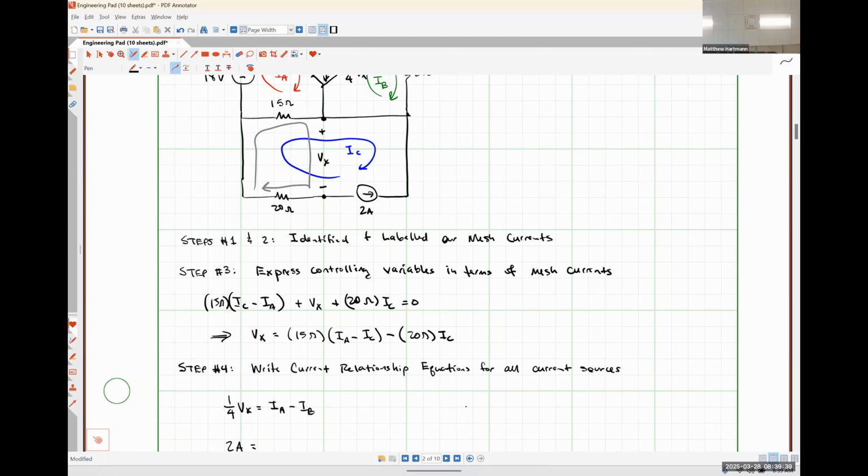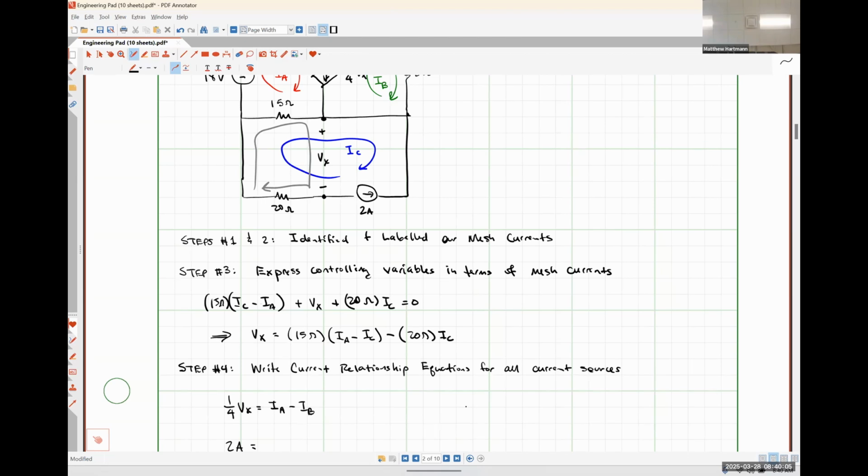So it's on the edge of mesh C. So really, it's either going to be plus IC or minus IC, depending on if IC is flowing in the same direction or the opposite direction as it passes through the branch that contains the current source. So is IC positive 2 amps or is IC negative 2 amps?